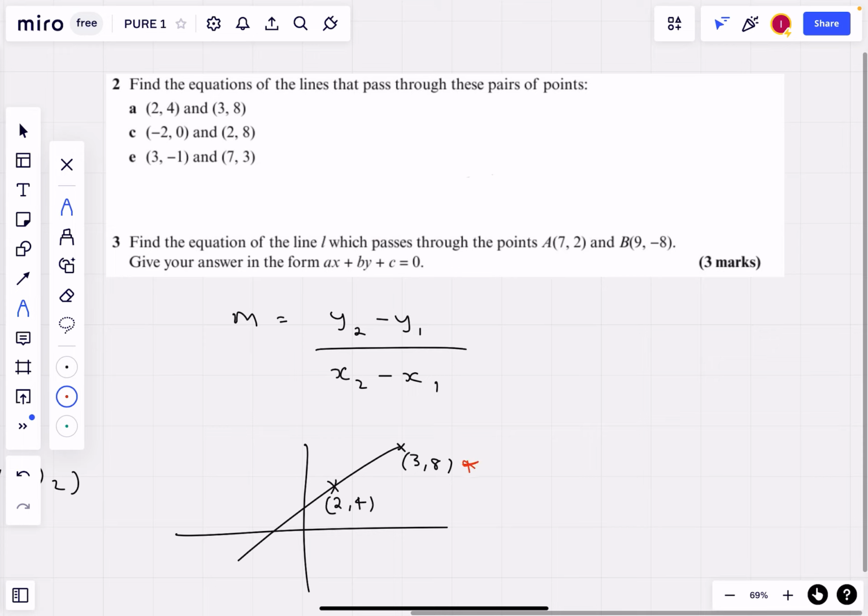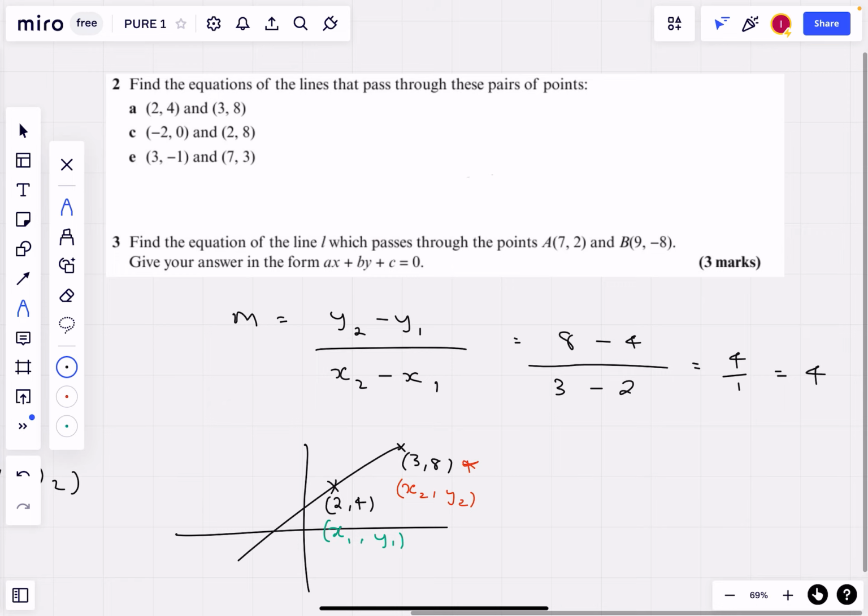That's higher up, so I'm going to label that one as my x2, y2, which makes this my x1, y1. Now all I'm going to do is substitute those values in. So 8 minus 4 over 3 minus 2, which gives me 4 over 1, which is just 4.